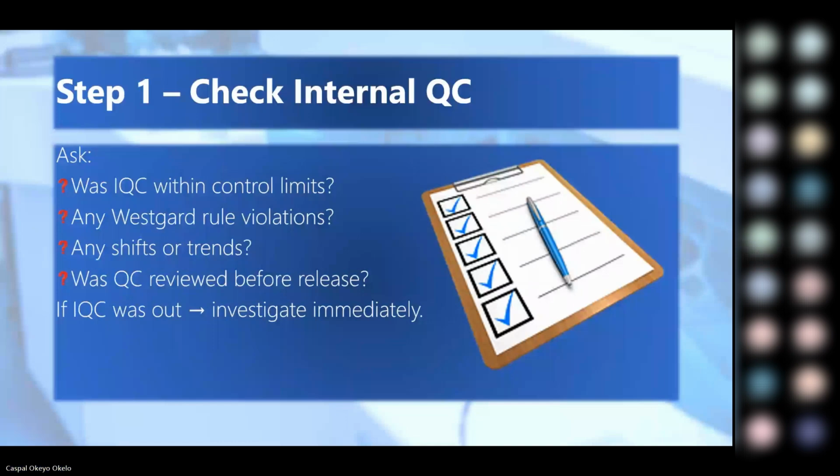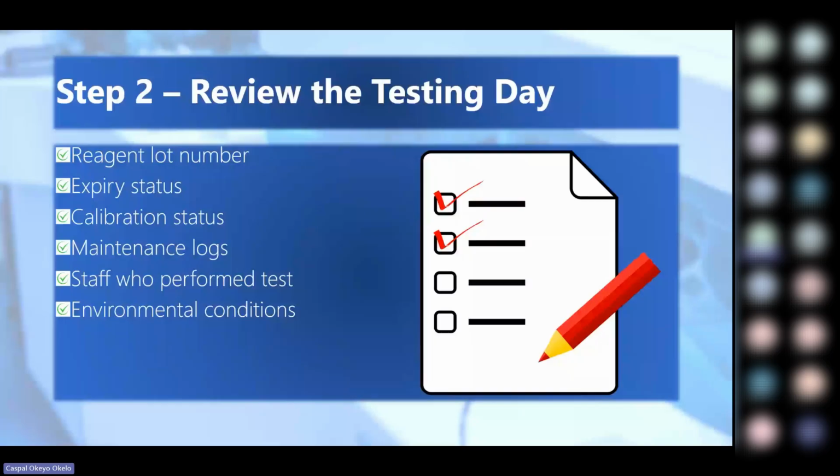So you've reviewed your QC. Now we are moving deeper into the investigation of our outlier. You start thinking like an investigator and you reconstruct the events of the day. You ask things like, what reagent lot was in use? Was this a newly introduced lot? Was the calibration performed recently?